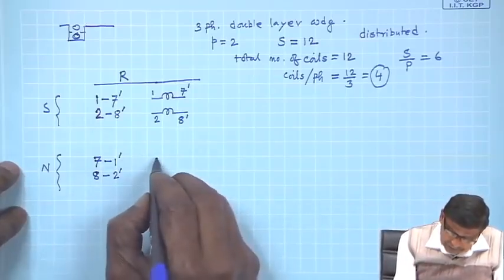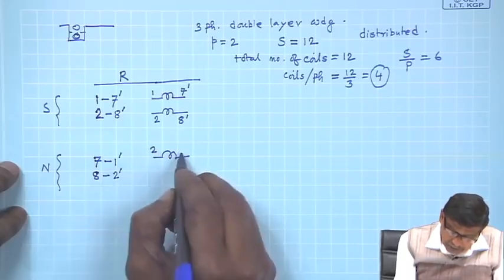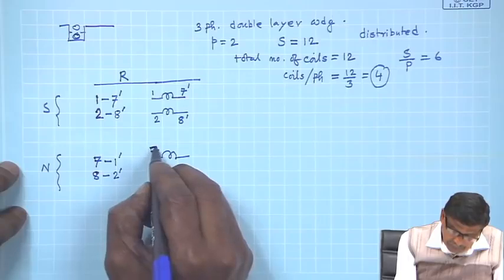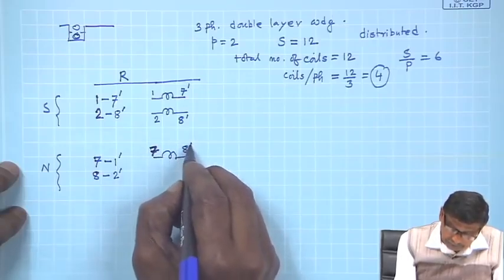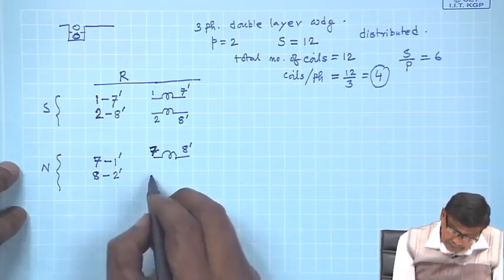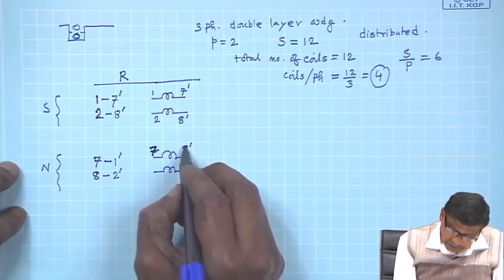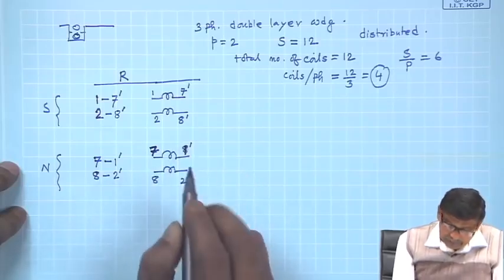So, it is like this. Therefore, this coil will be 2 7 and this is 8 dashed, and the second coil 7 and 1 dashed, I am so sorry, and then 8 and 2 dashed.